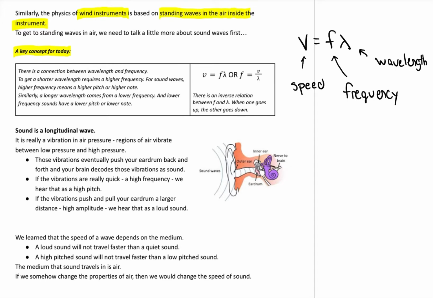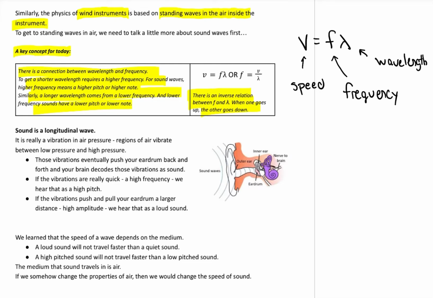What I'm saying in this blurb is, when we deal with sound, the speed of sound doesn't change unless we change the air the sound is in, and we don't do that. We're just going to talk about air with a particular speed of sound.